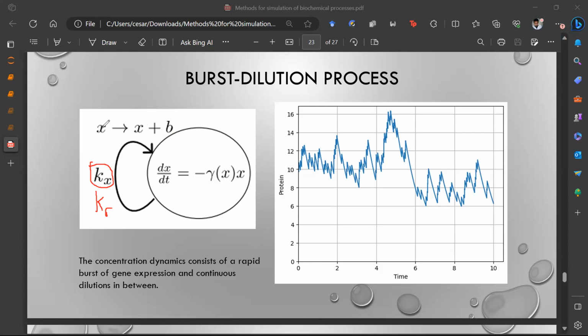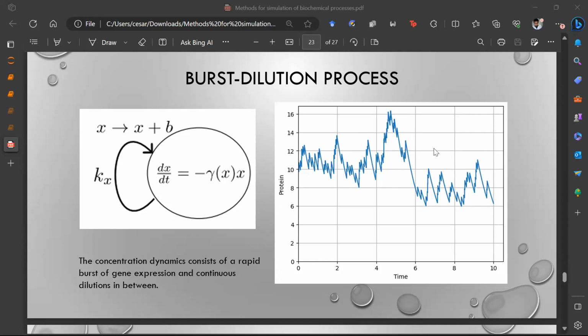And between different bursts or protein productions, the protein is diluted continuously following a differential equation. This gamma can be constant. So essentially this is gamma P times P, or X in this case. And a particular trajectory of this event is like this. So different bursts and continuous dilution between bursts.